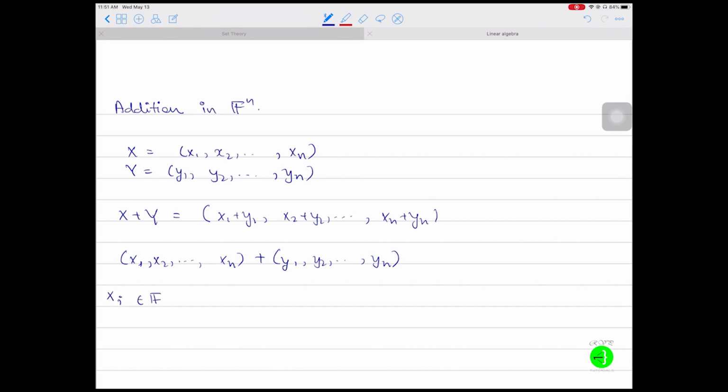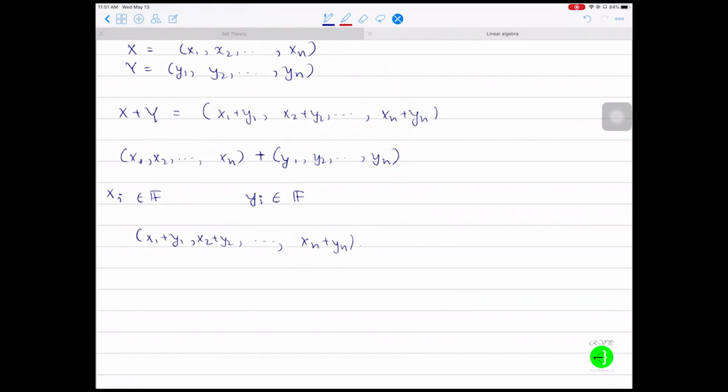So now we know that each term xi belongs to F and each term yi belongs to F. So we just add these, and so on till xn plus yn.